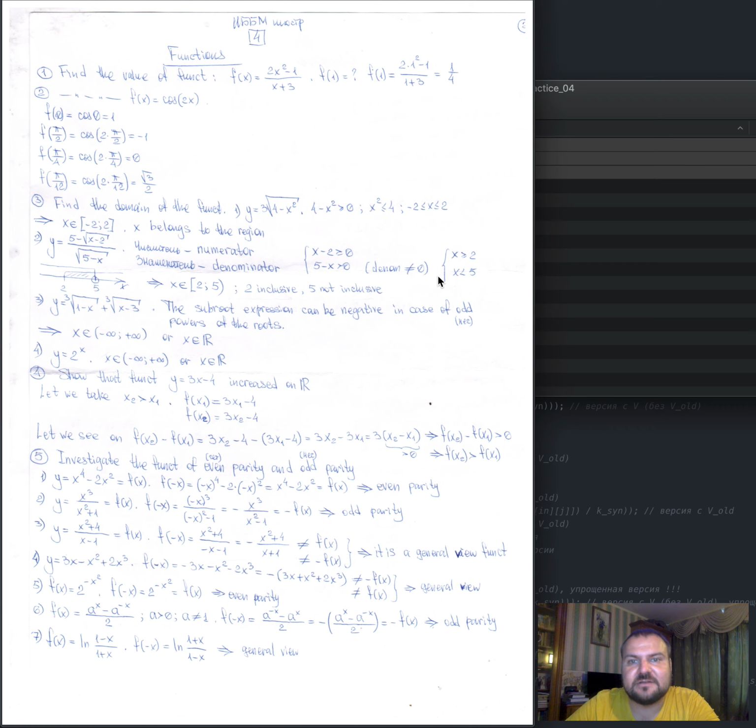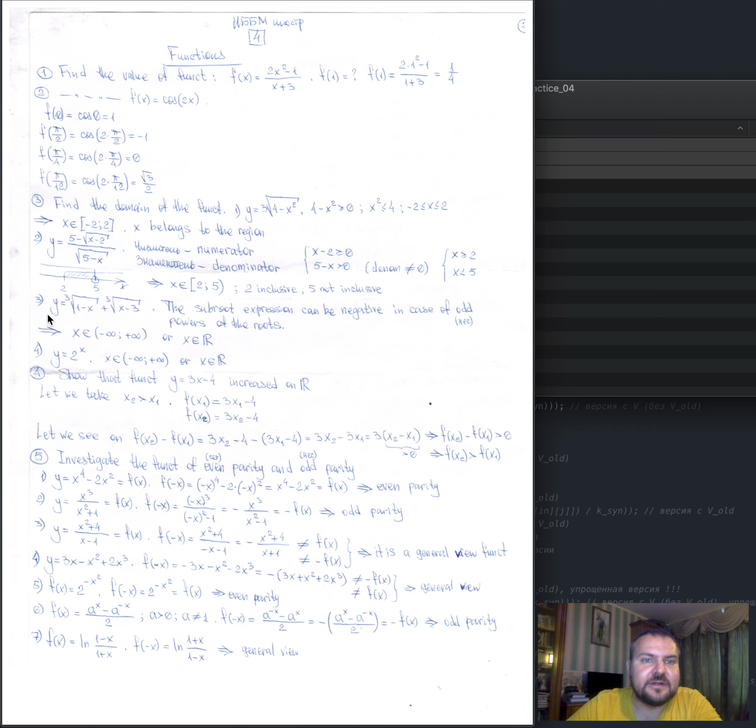From these two conditions, x less than 5 and x greater than or equal to 2, we write the answer. So we write that x can take a value from 2 in square brackets, because x can equal 2, to 5 in round brackets, because x cannot take the value 5.